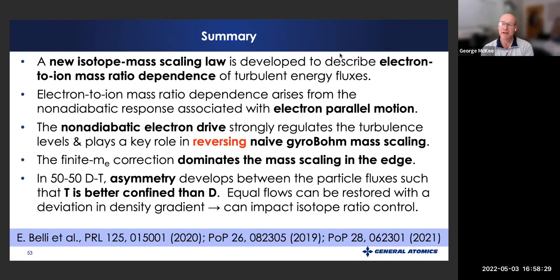Okay, so I don't see hands at the moment, so I wanted to circle back to something related to what Pat was asking, but from the perspective of the poor experimentalist trying to understand the isotope effect in fairly similar plasmas. If we're stuck looking at turbulence parameters such as turbulence amplitudes, radial correlation lengths, mode numbers, or decorrelation times, are we going to see this effect in those parameters?